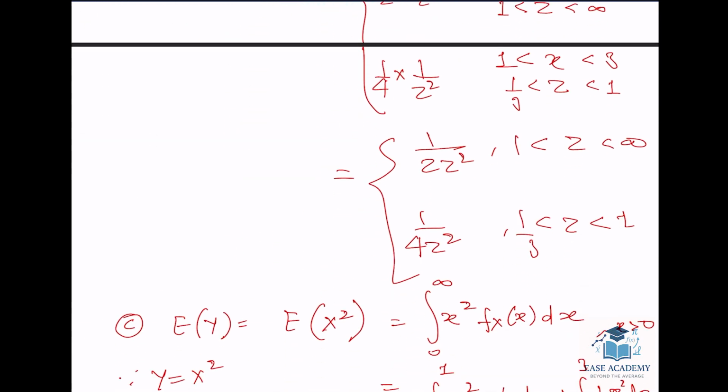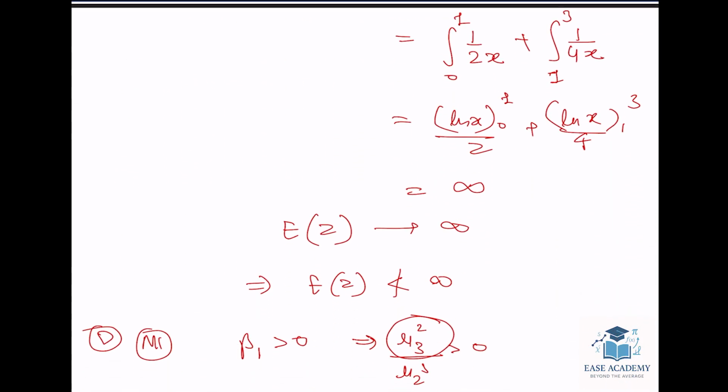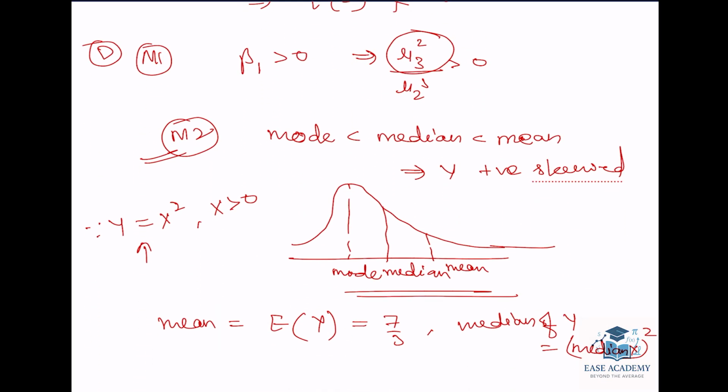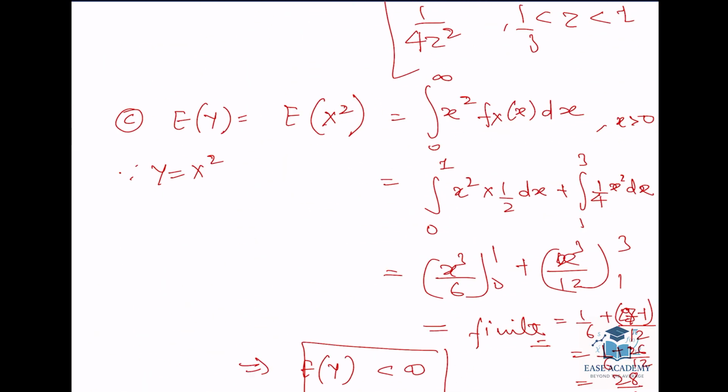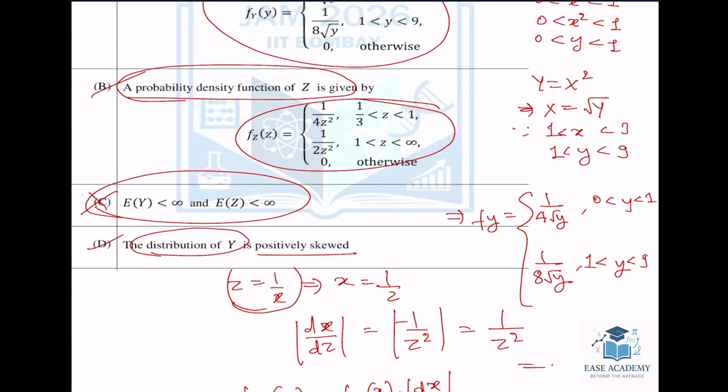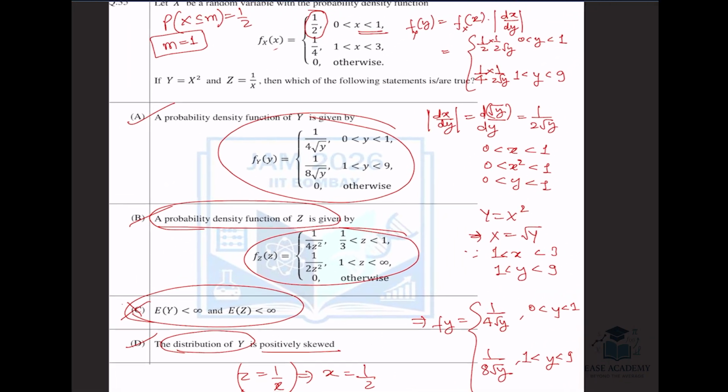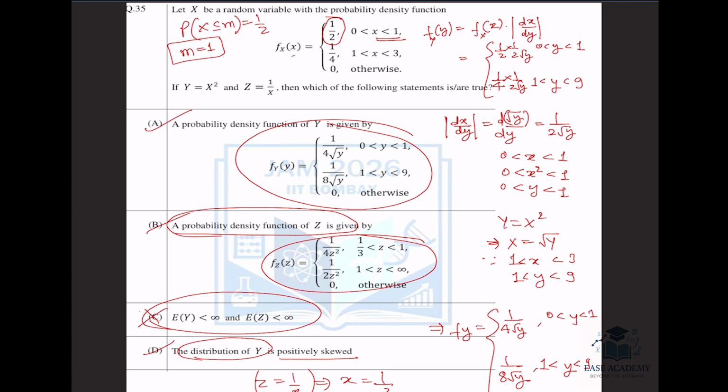That means the median of x is basically 1, so median of y is 1. And the mean is 7 by 3, which is 2 point something. That means mean is greater than median. That implies positive skewness. So option number D is also correct. So the answer to question number 35 is A, B and D.